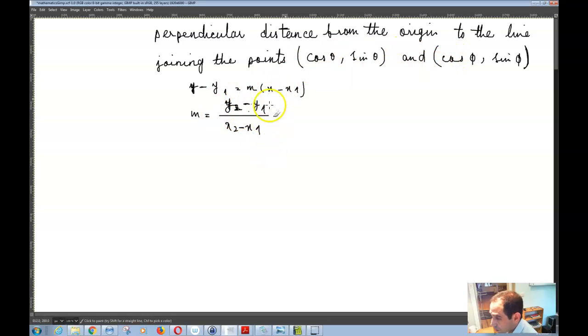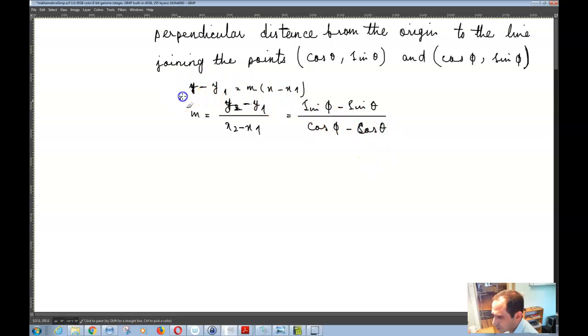So now I can write the slope over here as sin phi minus sin theta, over cos phi minus cos theta.